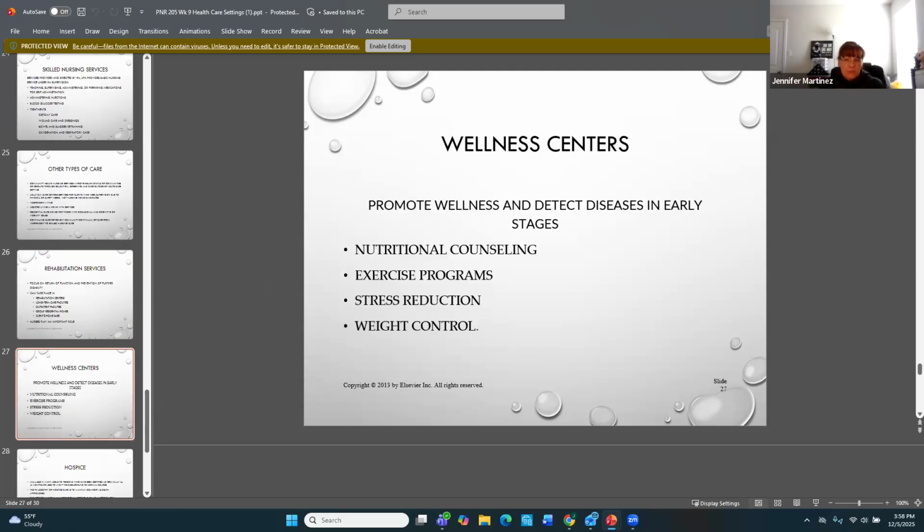And then we have our wellness centers. So wellness centers have an emphasis on promoting wellness and detecting diseases in their early stages. So wellness center programs are things like nutritional counseling, exercise programs, stress management or stress reduction, and weight control.